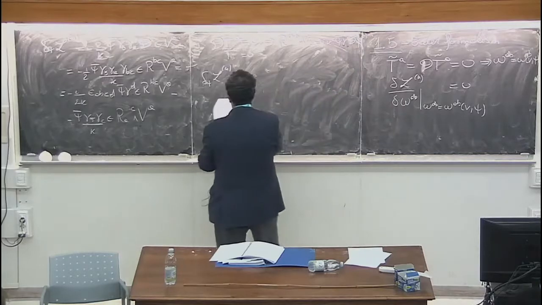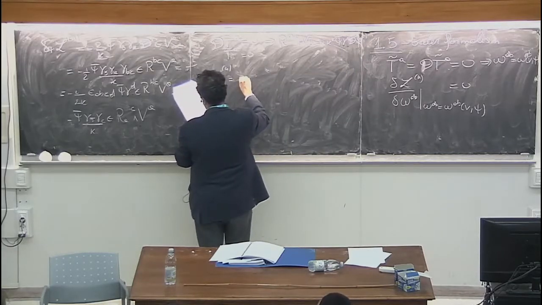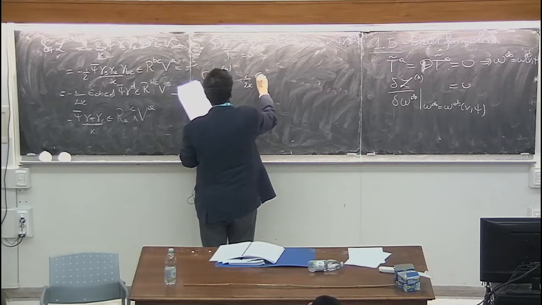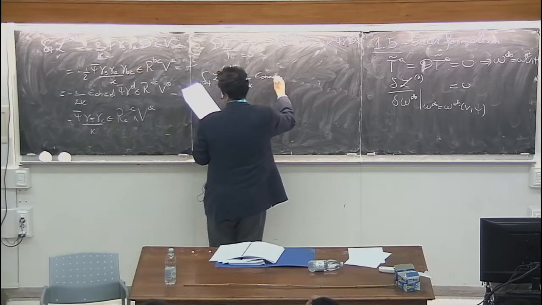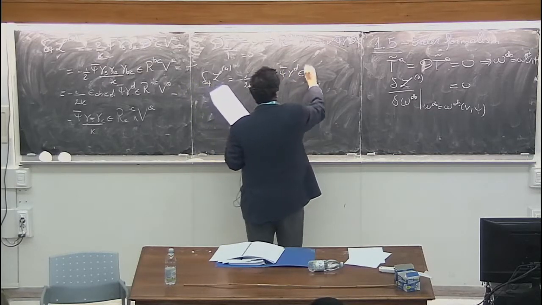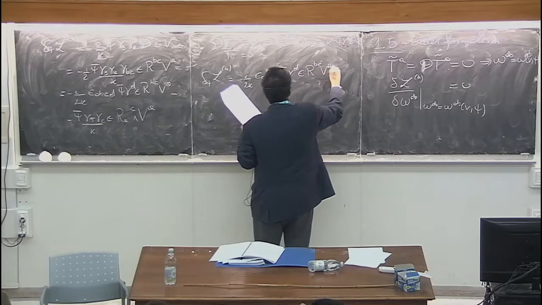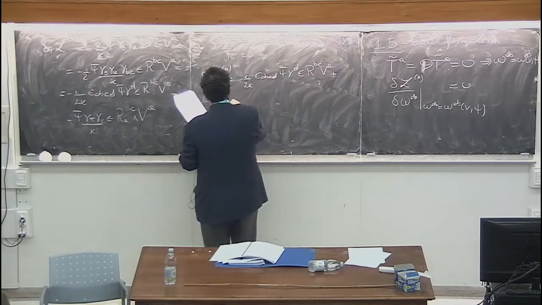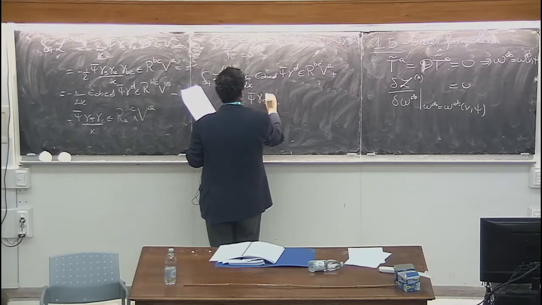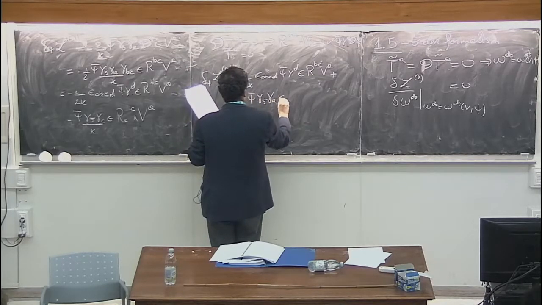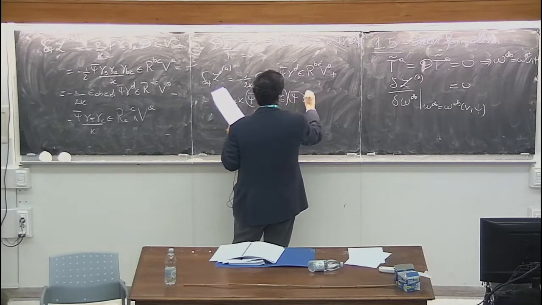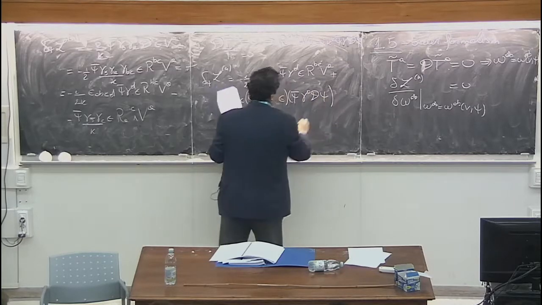What we end up with is minus i over 2 kappa epsilon ABCD psi bar gamma D epsilon RBC VA plus i kappa psi bar gamma 5 gamma A epsilon psi bar gamma A d psi.